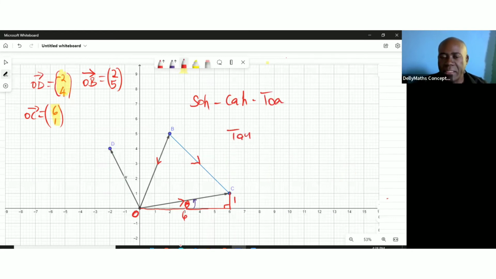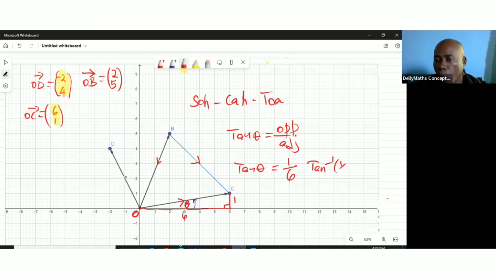The tangent of the angle that we're referring to is equal to the opposite side over the adjacent side, which means tan theta is equal to 1 over 6. So to find the answer, we need tan inverse of 1/6, and it's going to tell us that angle that we're looking for.